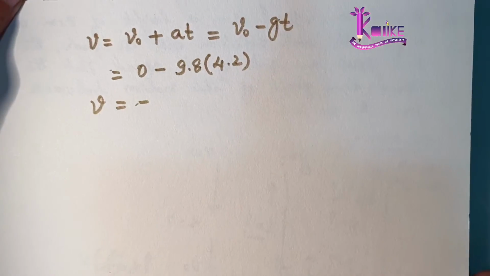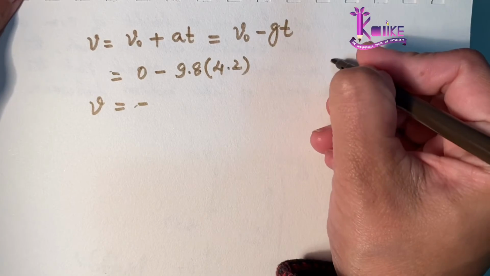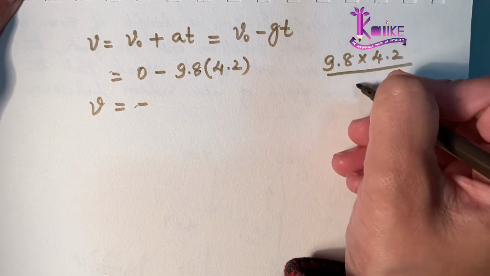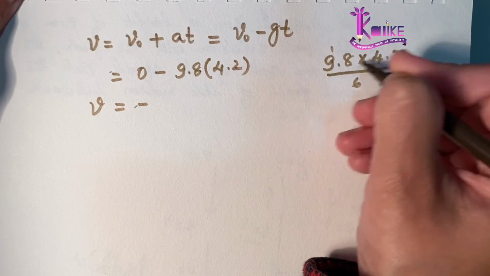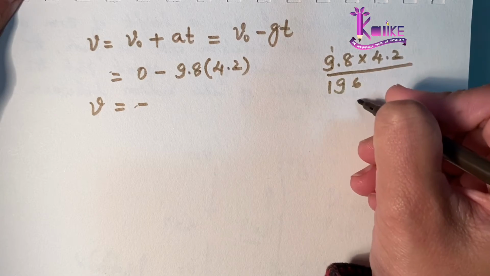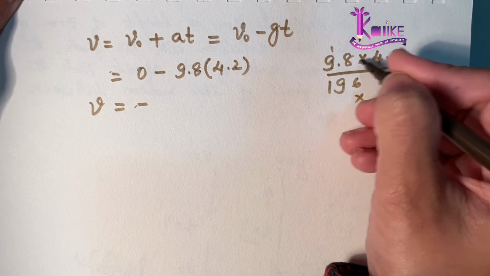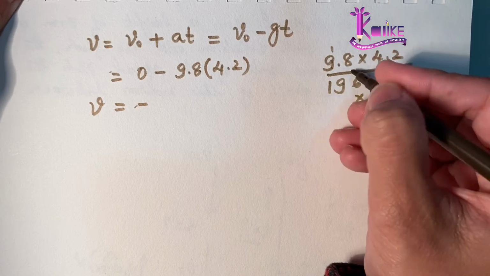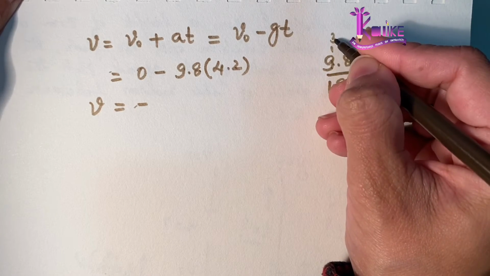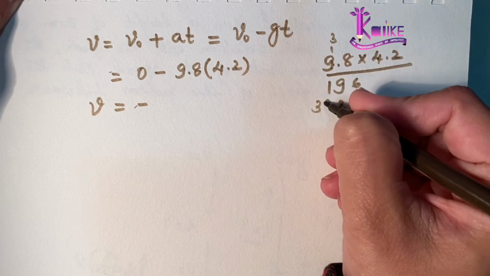let us multiply this and find out the value. 9.8 into 4.2. So 8 2s are 16, 1 carry, 2 9s are 18 plus 1, it has to be 19. 8 4s are 32 and this is 3. 9 4s are 36 plus 3 is 39.